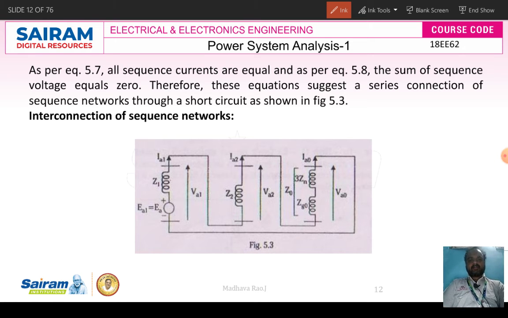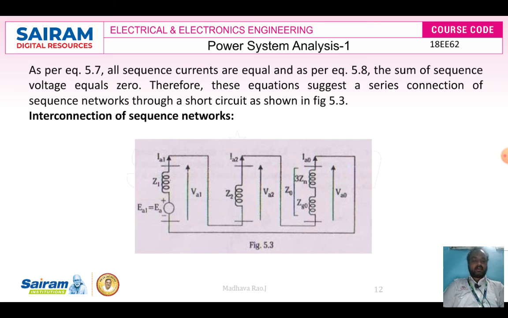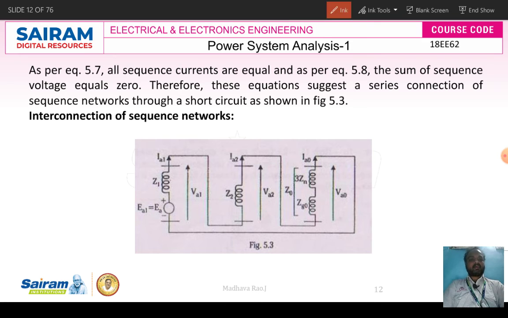In the previous slide we have seen IA0 is equal to IA1 is equal to IA2 is equal to 1 by 3 into IA. Since the sequence currents are equal, the summation of all sequence voltages will be equal to 0. So VA0 plus VA1 plus VA2 is equal to 0.